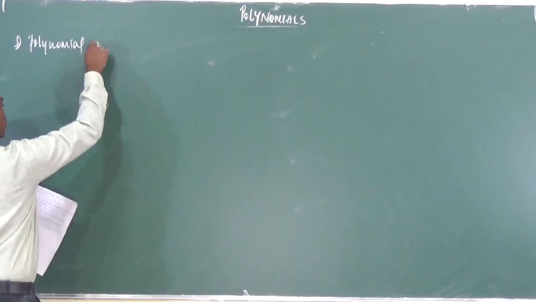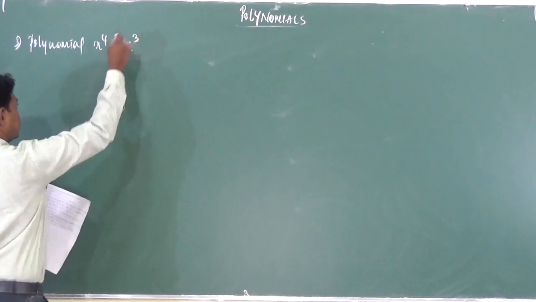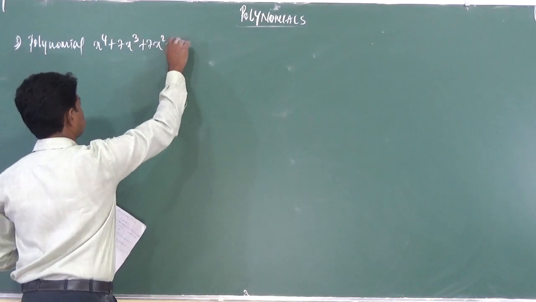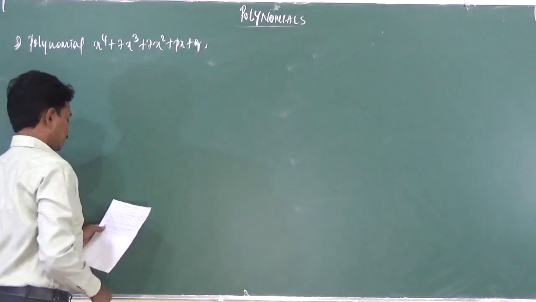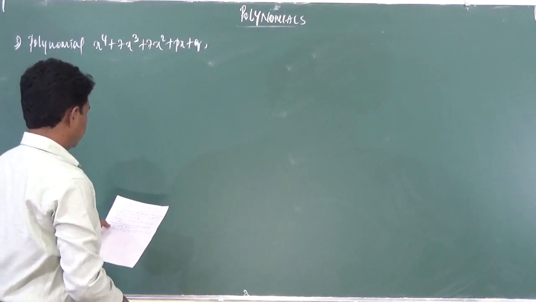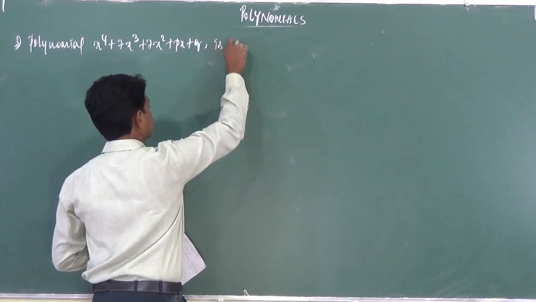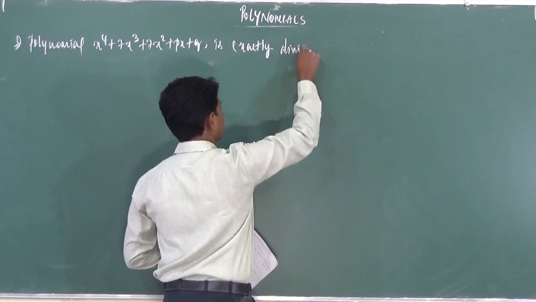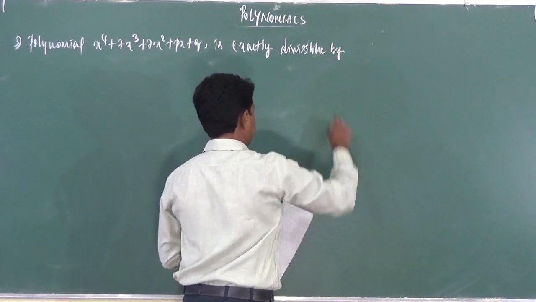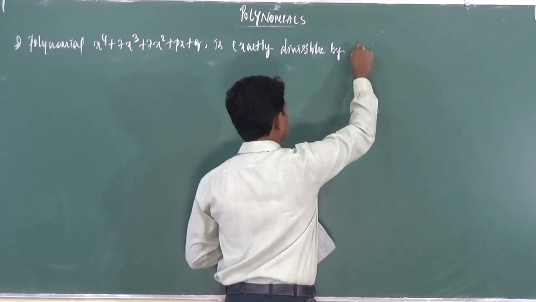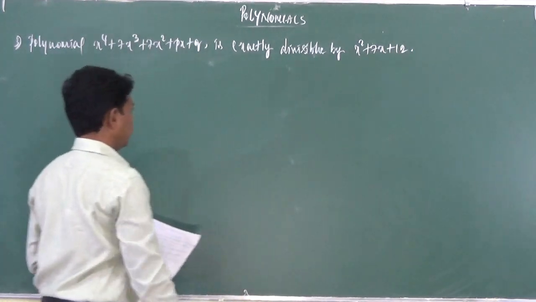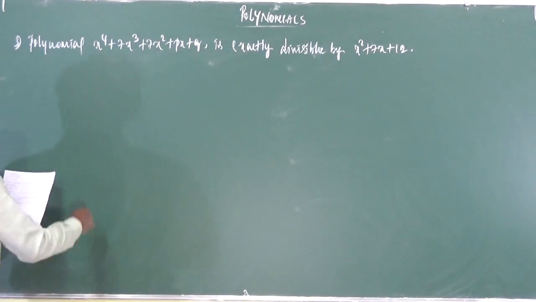We have a polynomial. Polynomial x to the power 4 plus 7x cube plus 7x square plus px plus q. So this is the given polynomial. It is exactly divisible by x square plus 7x plus 12.